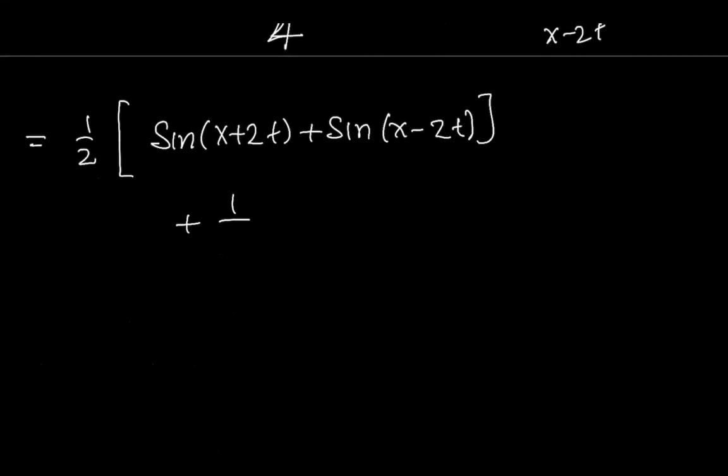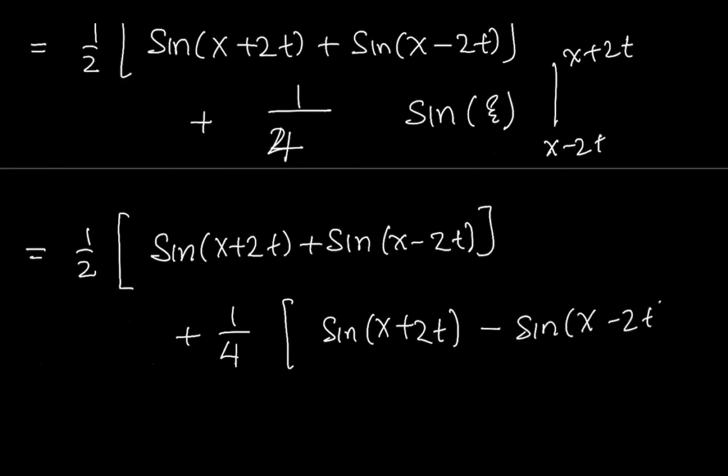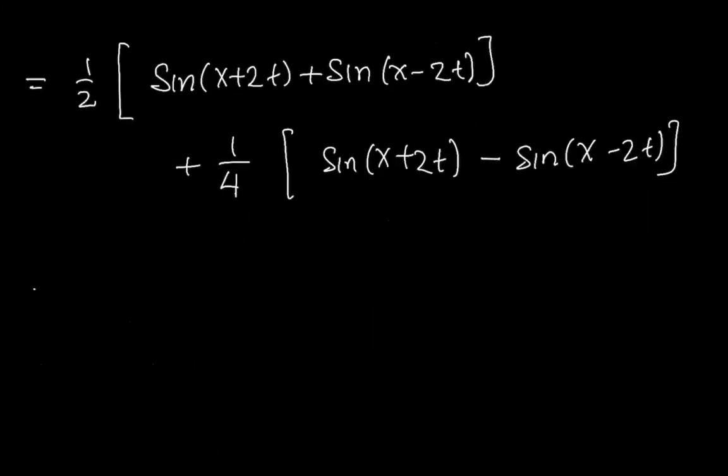So this is 1/4 of sine(x+2t) minus sine(x-2t).